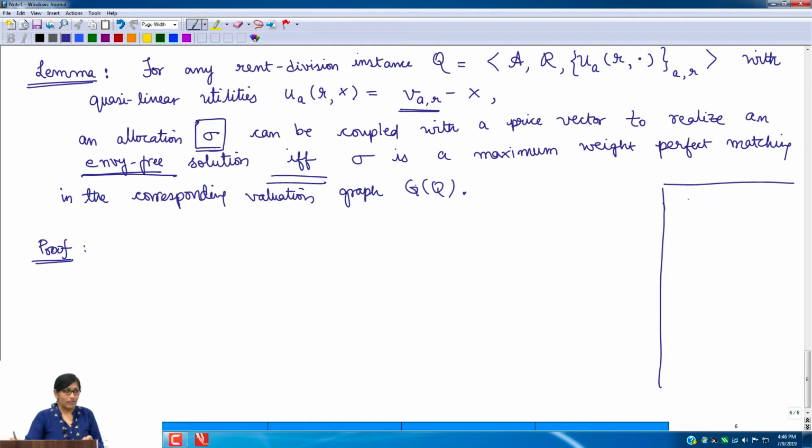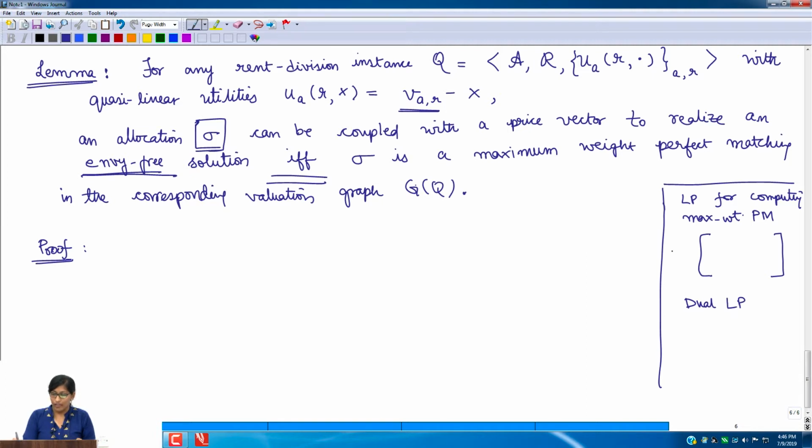And also the existence of a price vector, if you know primal-dual. Let me just assume this for now. So you write an LP for computing this max weight perfect matching, and then there's some notion of a dual LP. You write the dual LP, and sigma star will come from here and the dual variables will correspond to the price vector P star.